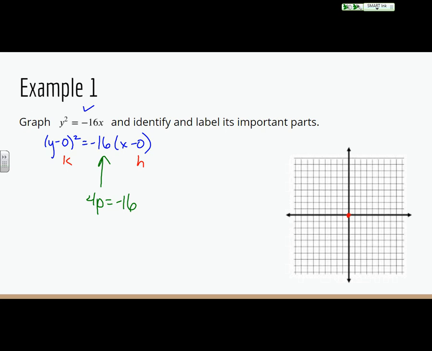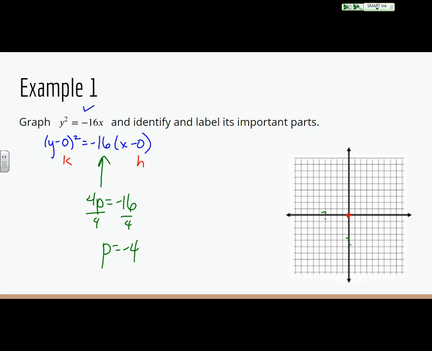And so 4p doesn't really help me, but I could solve this. I could divide both sides by 4, and I can get that the p is equal to negative 4. Meaning that in order to go from my vertex to my focus, I need to go negative 4 units. Well, the question is, do I go down 1, 2, 3, 4, or do I go the negative direction 1, 2, 3, 4 to the left?